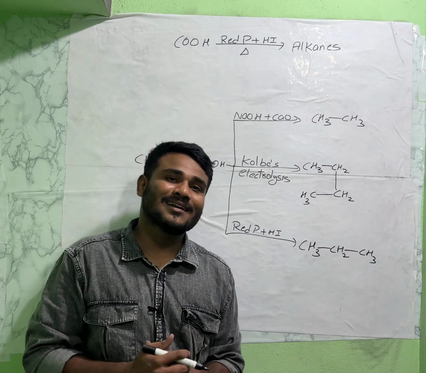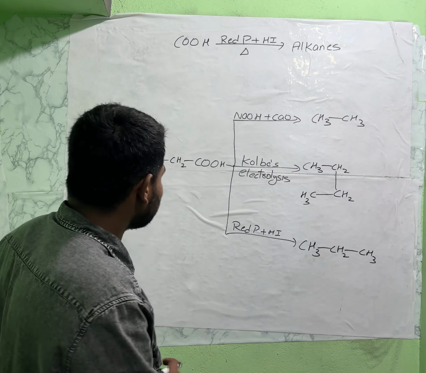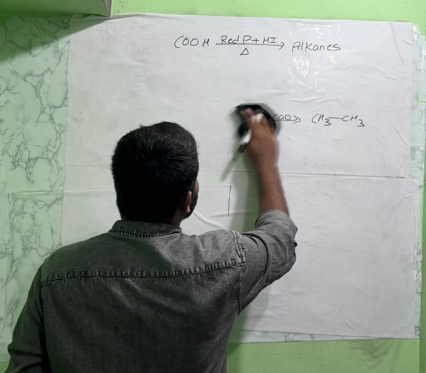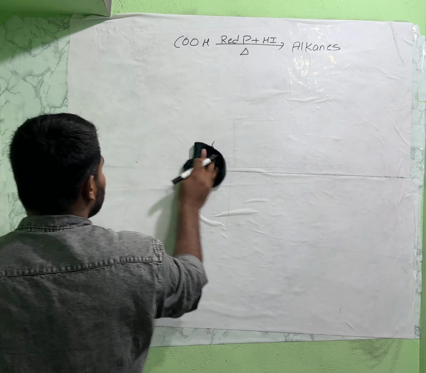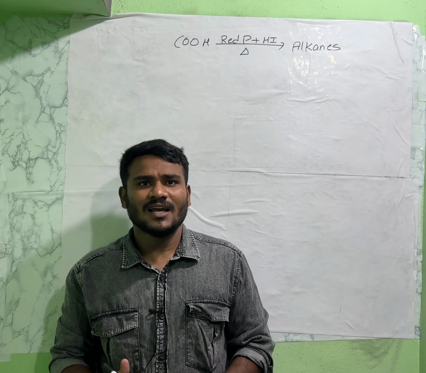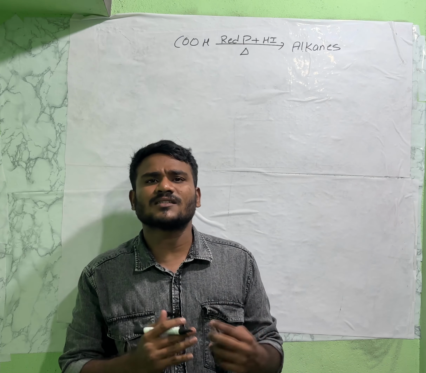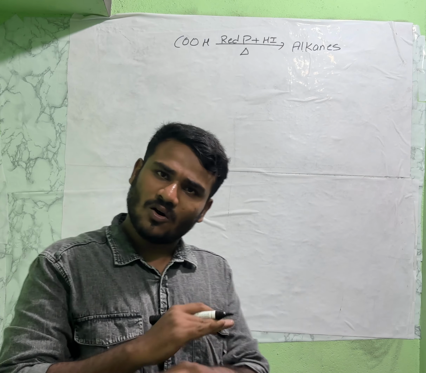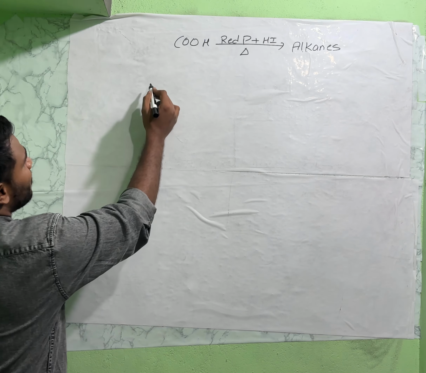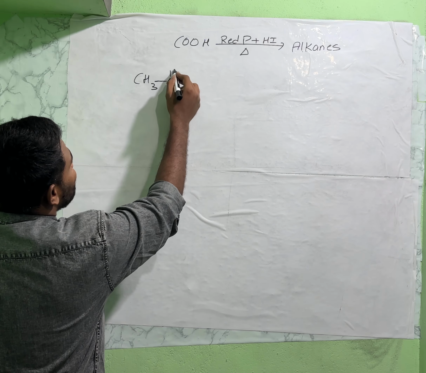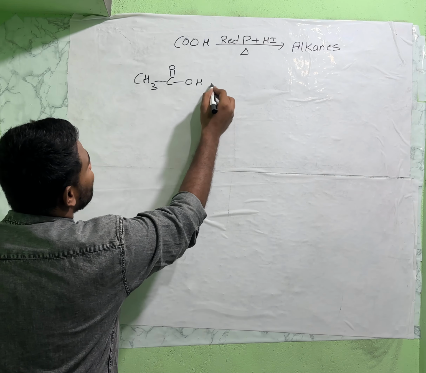Let us see red phosphorus plus HI. It is a very strong reducing reagent. It can convert all oxygen functional groups to hydrocarbon groups. For example, CH3C double bond OH, the acid.